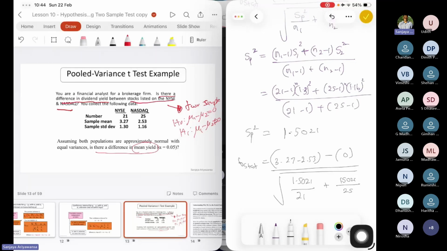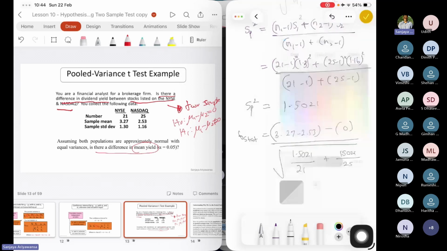And where students go wrong very easily: you do all of this, you forget that you already calculated sp squared, and you suddenly go and square this also. So that is one area that you can go wrong.